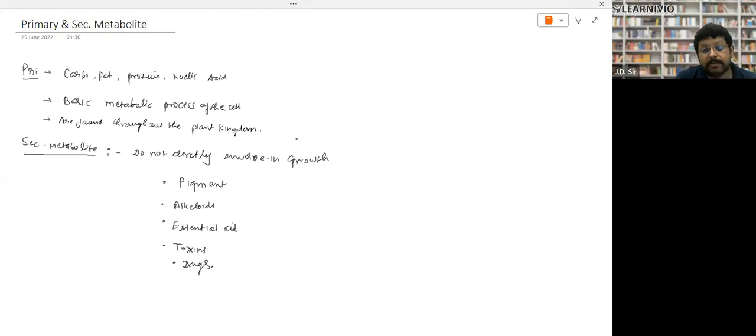Next, this is important. What are primary metabolites and secondary metabolites? For your school exams, you can put the example. This is a 2-marker question.